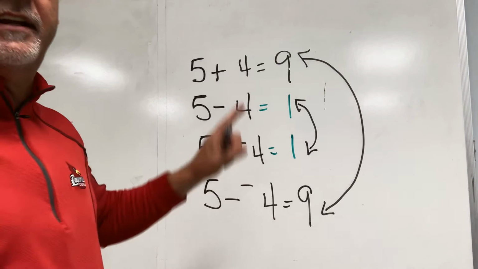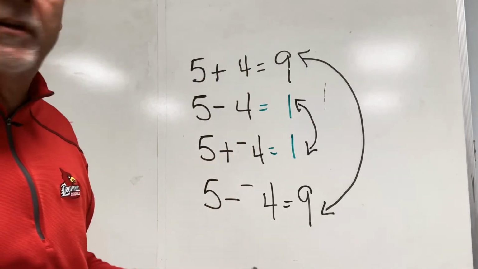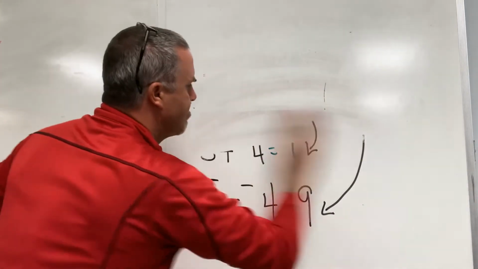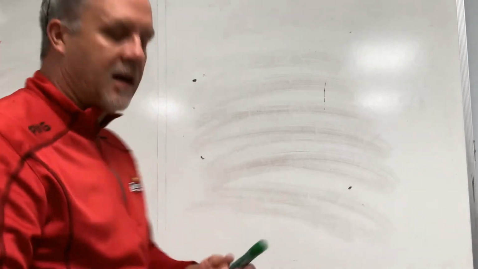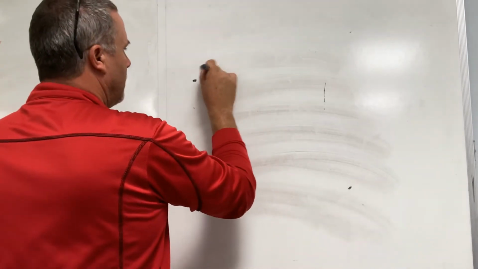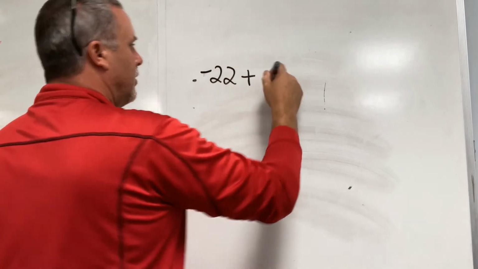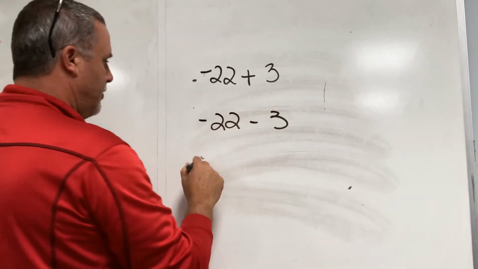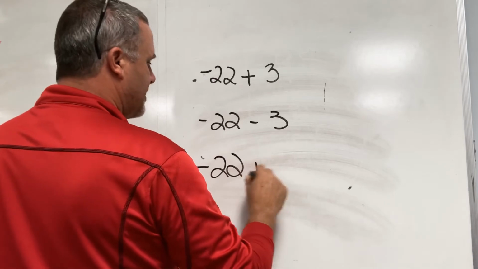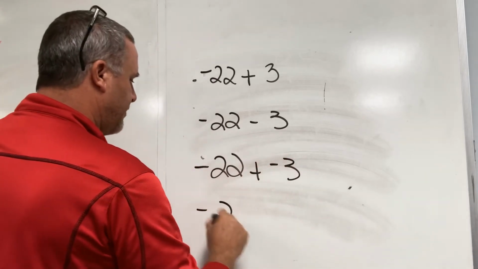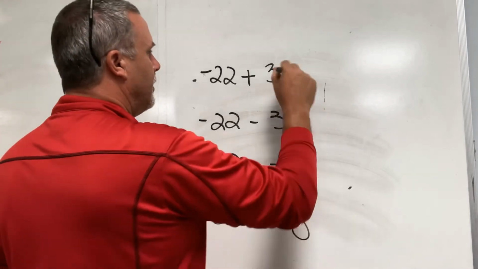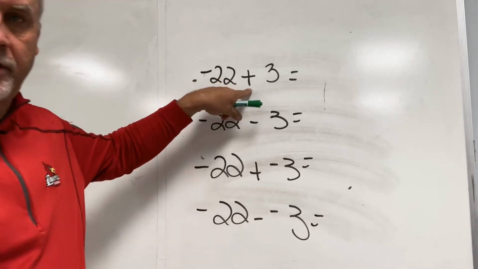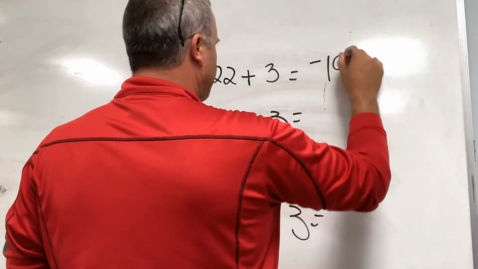So let's test that theory and see if that's true, because maybe it only works with this. Let's see if it works with anything we do. So let's try negative 22 plus 3. Let's do a negative 22 minus 3. Let's do a negative 22 plus a negative 3. Let's do a negative 22 minus a negative 3. Well, by the number line method, a negative 22 plus 3 puts us at negative 19.